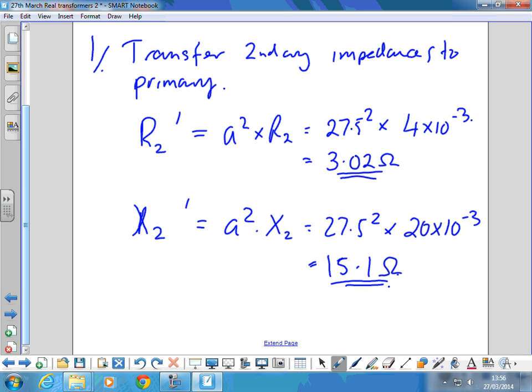Yeah. And then lastly, ZL dash is equal to ZL times A squared, 27.5 squared times 2 is equal to... the impedance of the load is 2 ohms.